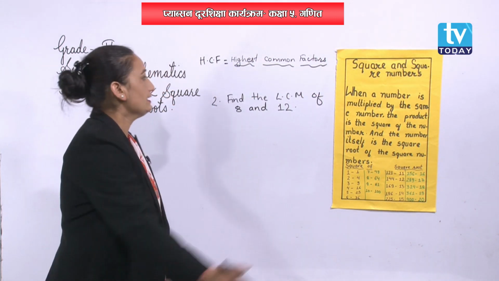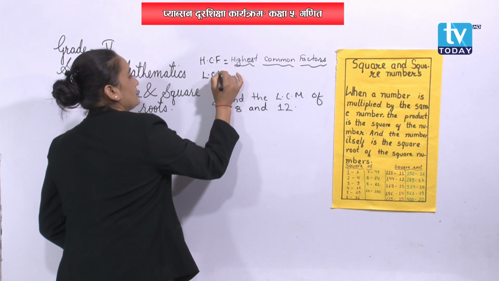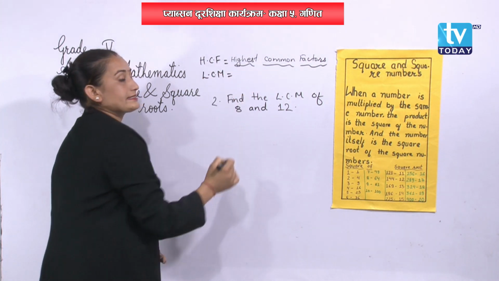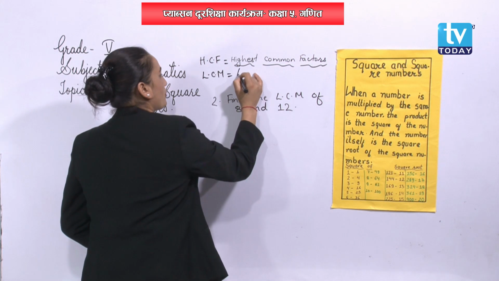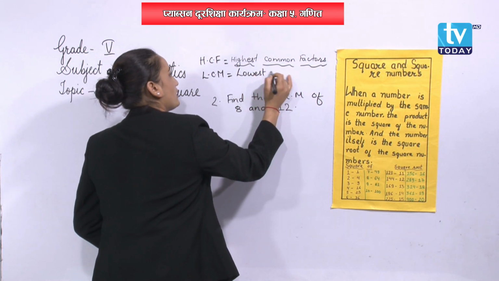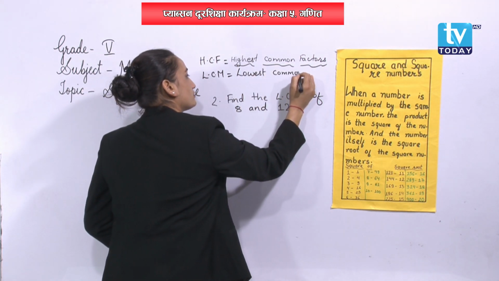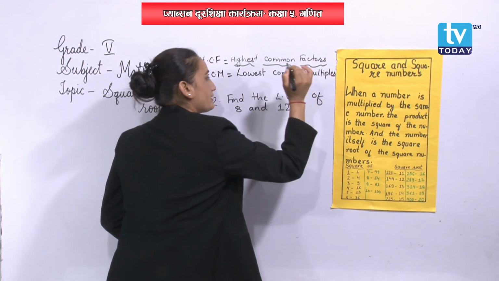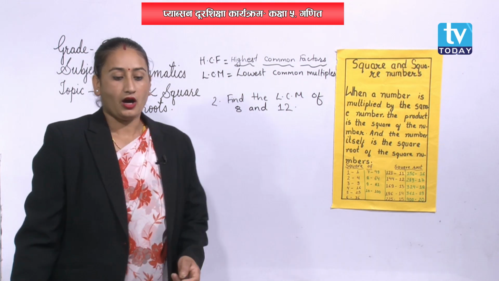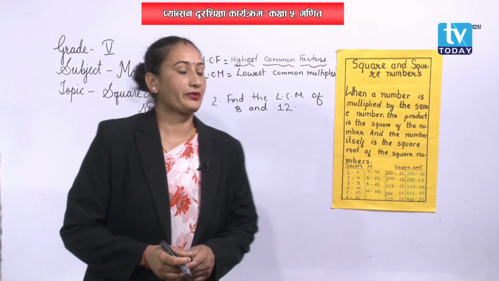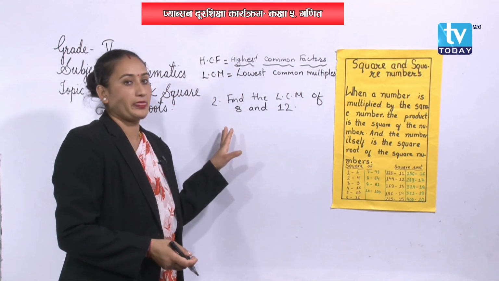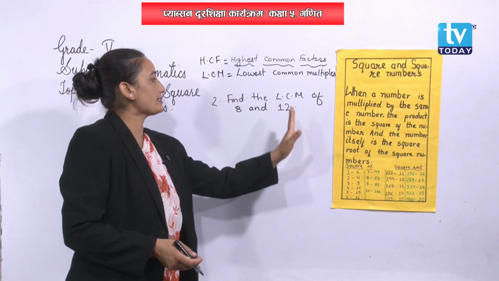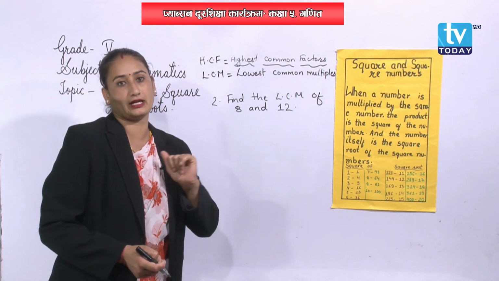Same like here, the full form of LCM is lowest common multiples. Okay students, now I have one question for you, that is find the LCM of 8 and 12.